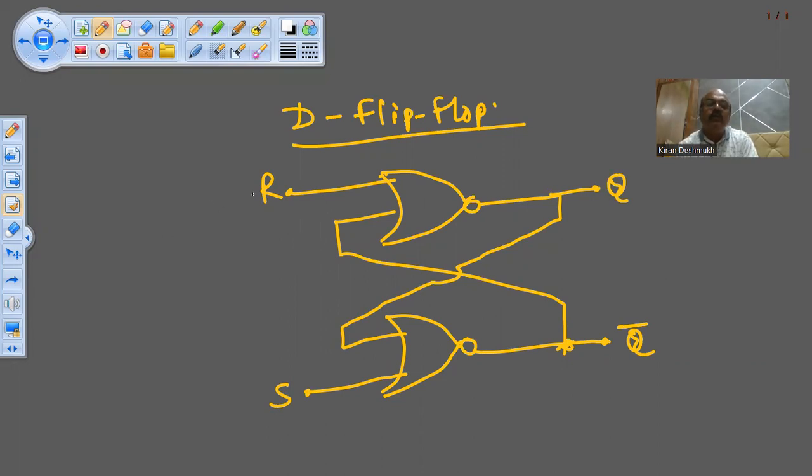Now what I do, I connect one more NOR gate here. Connect the inputs like this.